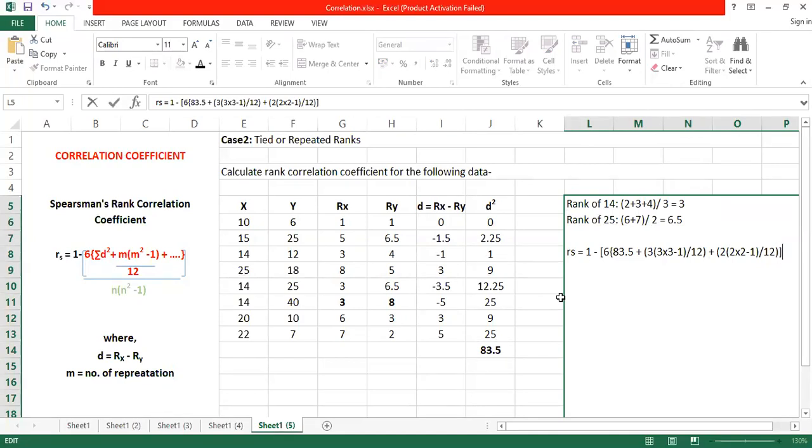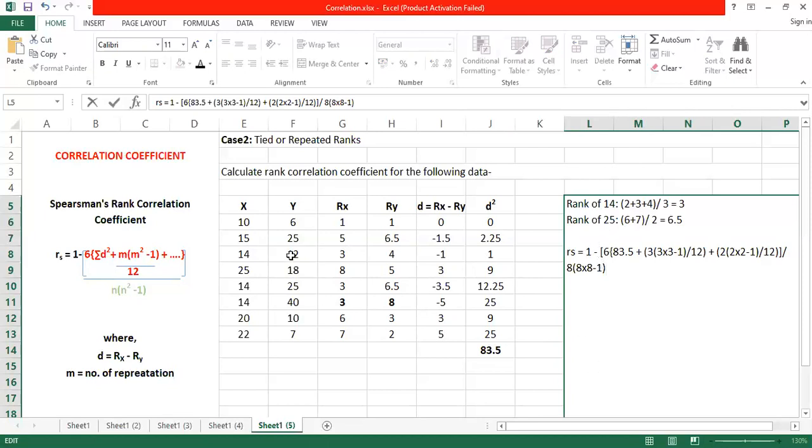Fine. And this whole value is divided by n square minus 1. So our n is, see how many observations: 1, 2, 3, 4, 5, 6, 7, 8. So it is 8. 8 into 8 minus 1. Right? I'll repeat once again.